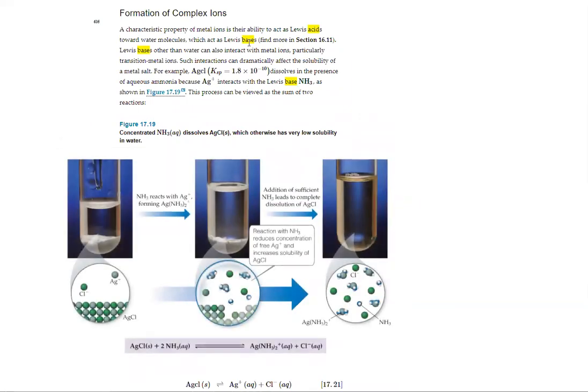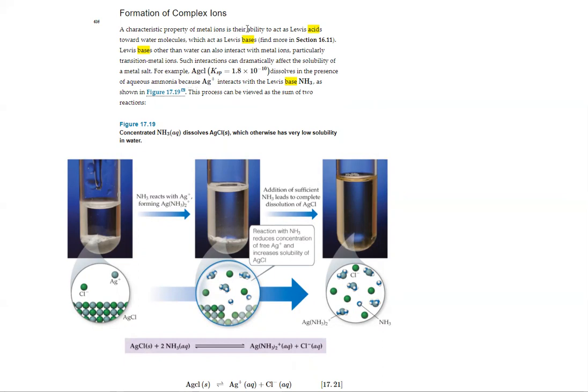Formation of complex ions. So let's see if they have a good definition for a complex ion here. A characteristic property of metals is their ability to act as Lewis acids toward water molecules, which act as Lewis bases. So it's the way that certain metals can react with water in this case, or other substances. So something like AgCl, a salt, a combination of silver and chloride, dissolves in the presence of aqueous ammonia.